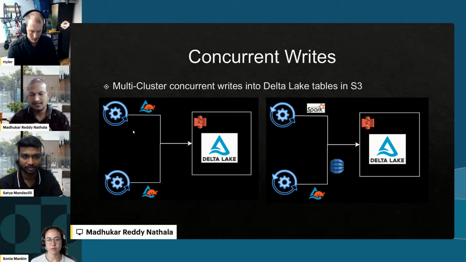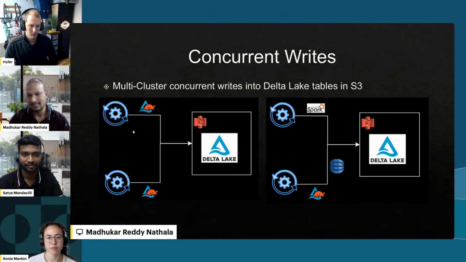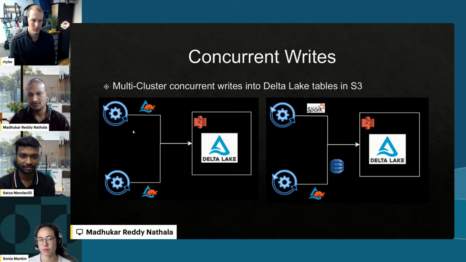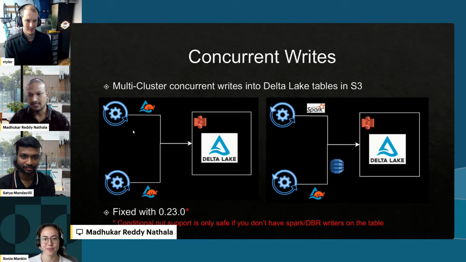But since last year, when AWS introduced conditional writes that can check existing objects before writing, there was a lot of buzz, and we started thinking with Tyler and teams, why can't we introduce this into Delta RS as well? Tyler was able to send us a fix in 0.23.0, which removed this issue of multi-cluster concurrent writes.